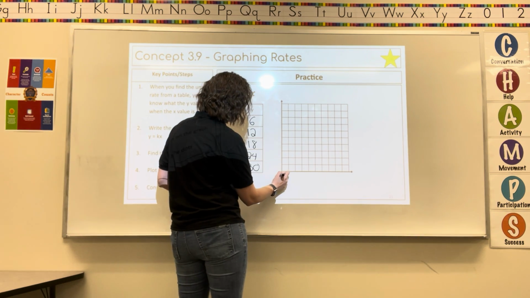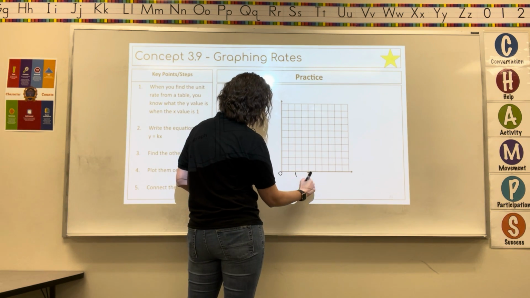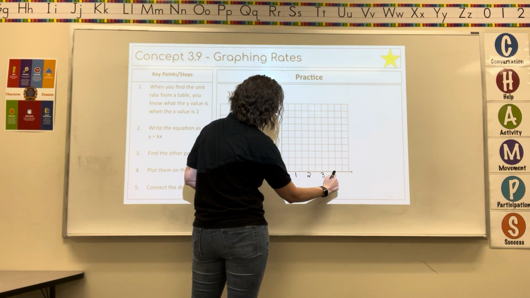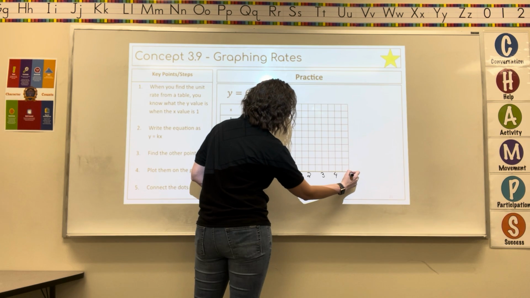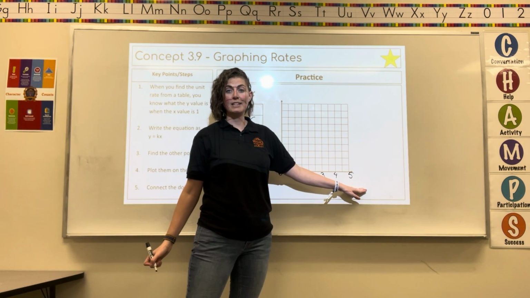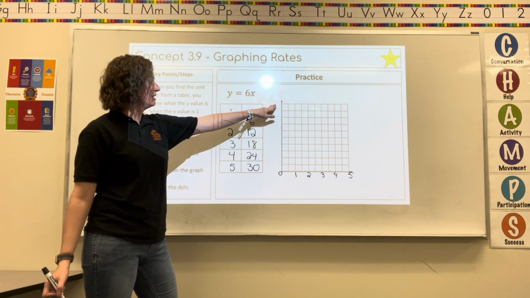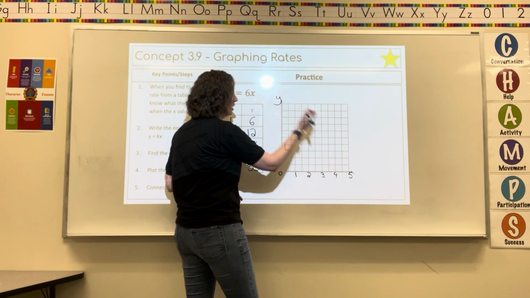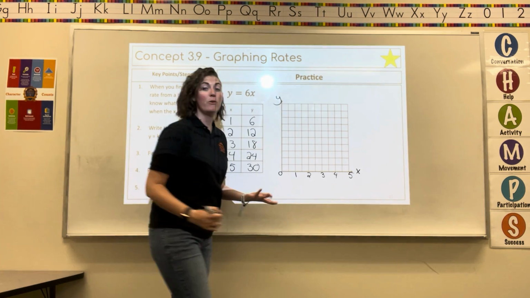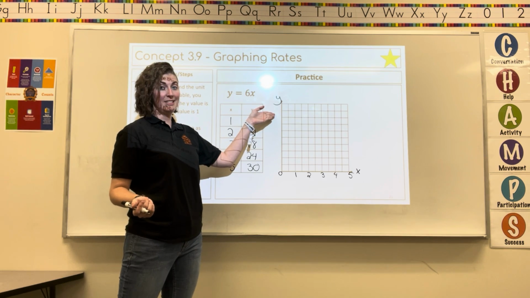So when I start at my origin, I'm going to write out my scale just a little bit differently. I'm still going to increase by 1 on the x-axis because I know I'll end up at 5. But on the y-axis, my scale could be by 2s, by 4s, by 6, and it'll still work when we plot this out.